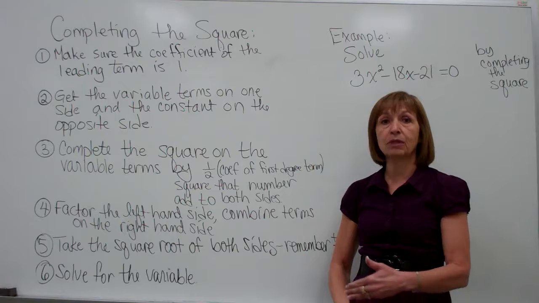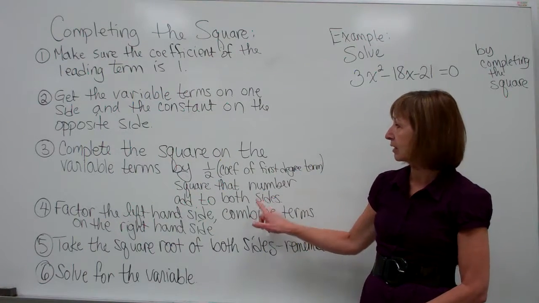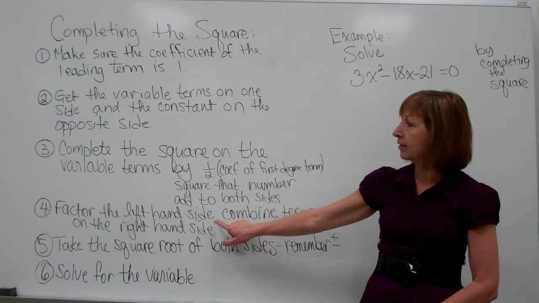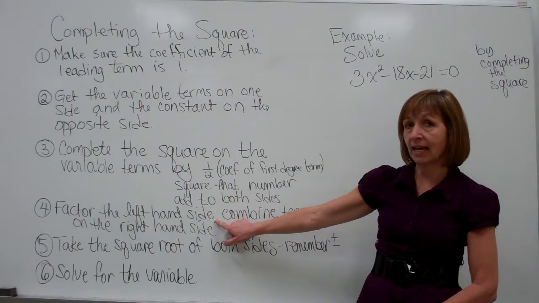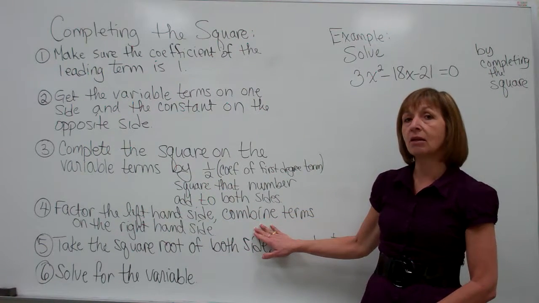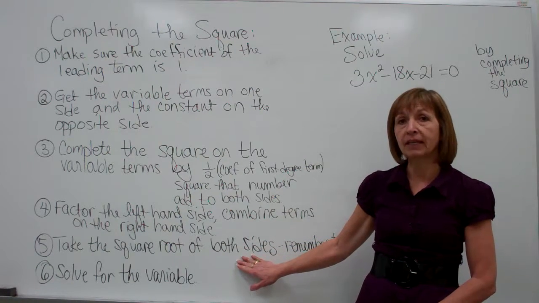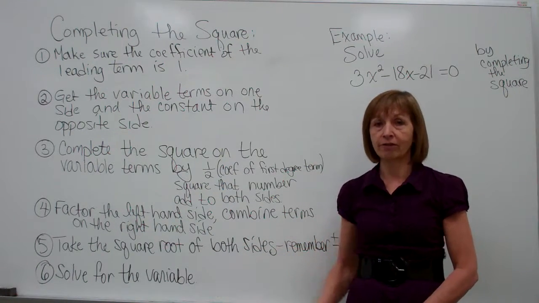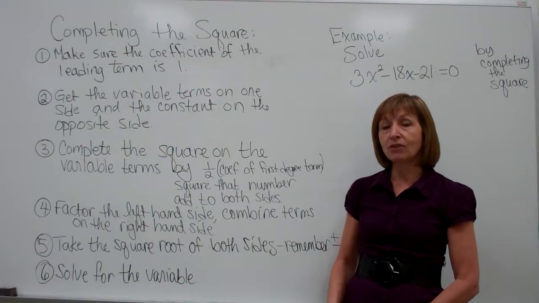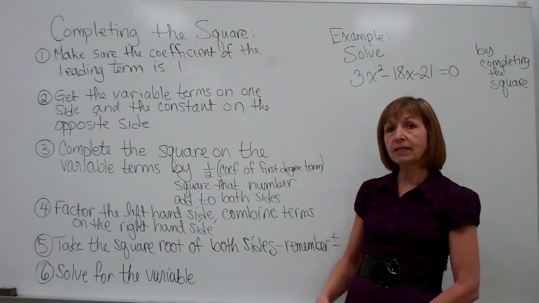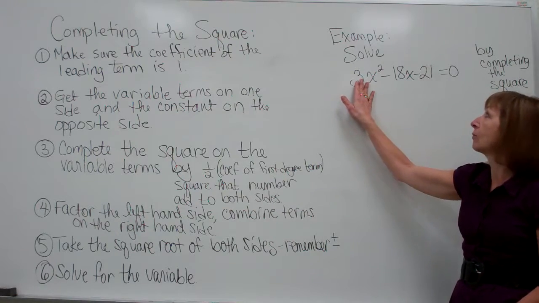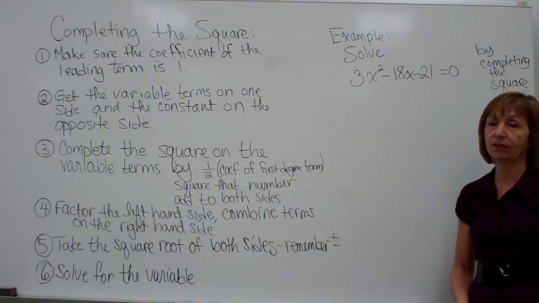So we're forcing it to be a perfect square trinomial expression. So we'll then be able to factor that left-hand side, and we'll want to combine the numbers on the right-hand side to be able to use the square root property and then finish off and solve for our value of x. So that's an overview of what we're about to do. Next, let's go to an example and run through those steps with this particular example.